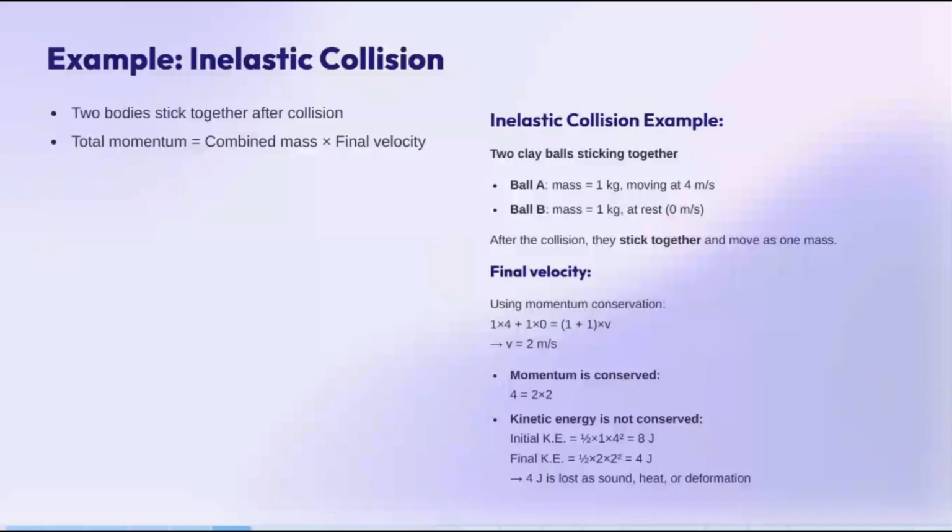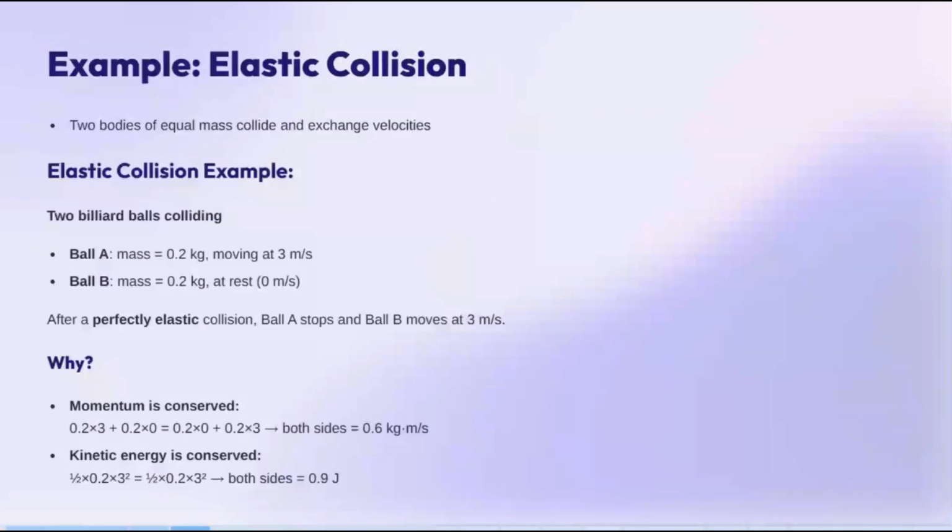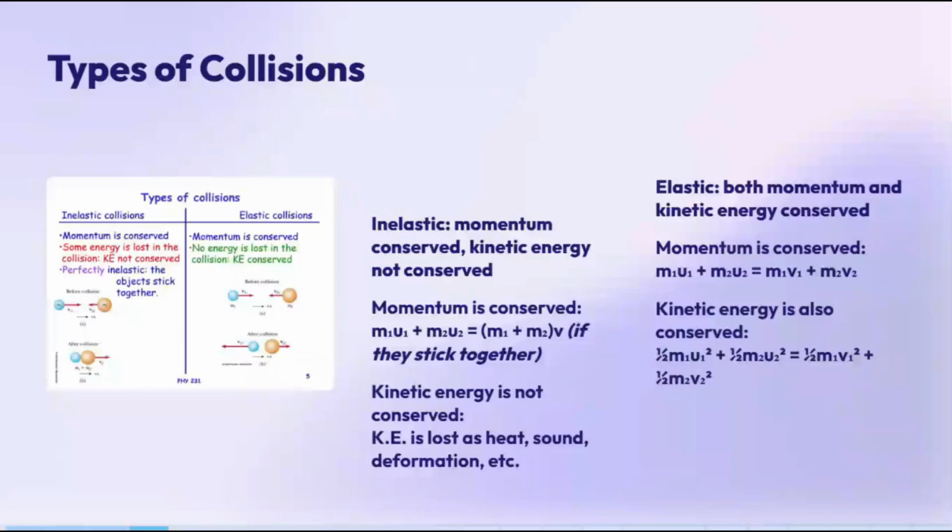So we calculated it using the formula for inelastic collision: M1U1 plus M2U2 is equal to M1 plus M2 times V. The V is what we are looking for, because according to the inelastic collision rule, the final velocity is always going to be the same for both of them.